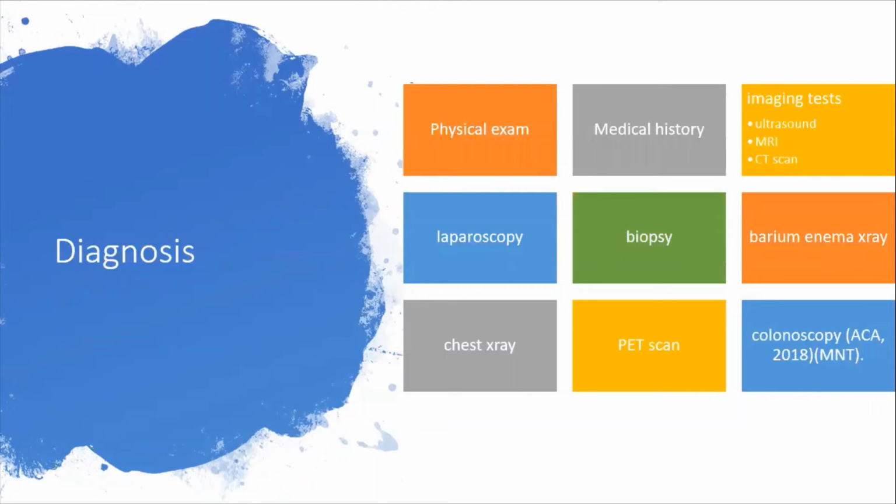Laparoscopy, biopsy, barium enema x-rays, chest x-rays, PET scans, and colonoscopies can all be useful in determining whether the ovarian cancer has metastasized, i.e., has traveled to other locations of the body, and can also help in determining the staging of the ovarian cancer, which is how far along the cancer has developed.